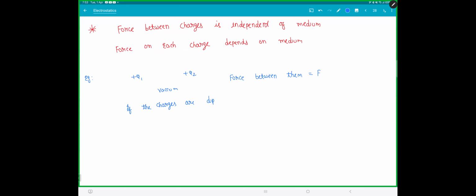If the charges are dipped in a medium whose relative permittivity is 5, then the questions will be like this.